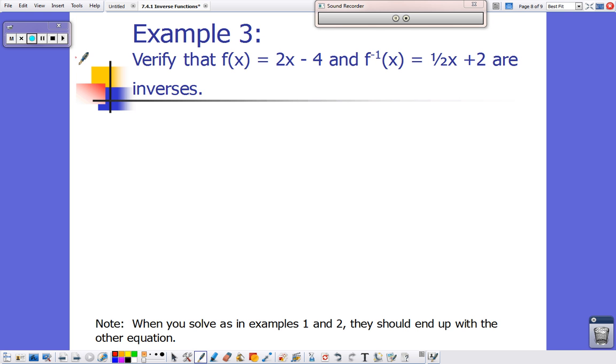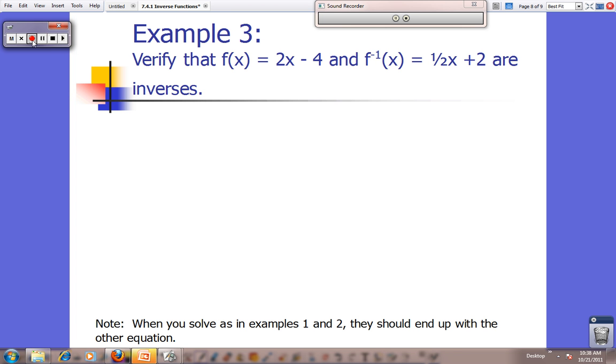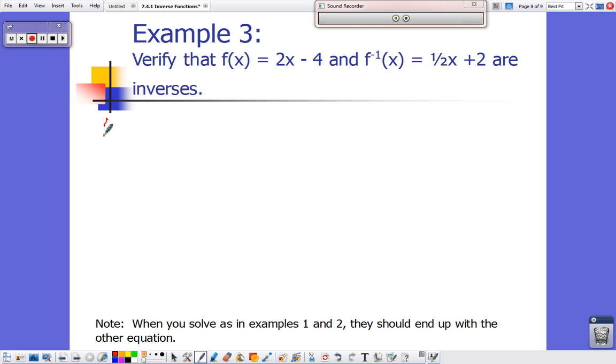So the way that we do this is, if we take f of f to the -1 of x, just like we did in the last lesson, lesson 7.3, and our result is x, and then we do the opposite where we take f to the -1, the inverse, of f of x, and we find that one equals x, then they're going to be inverses of each other. So let's go ahead and do this.